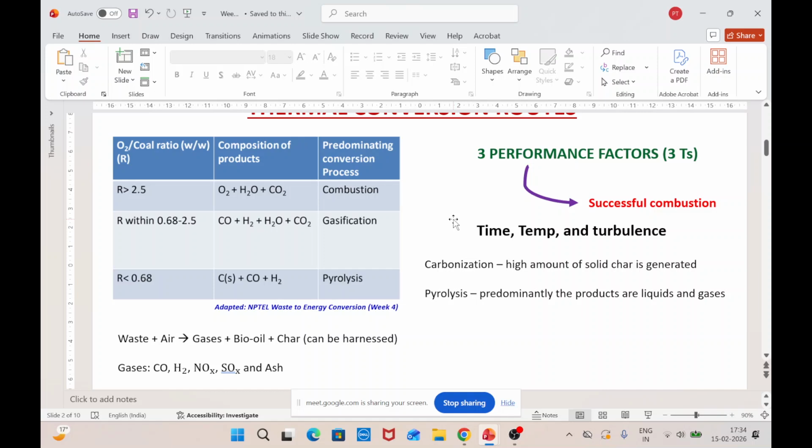So that will be present in higher proportions compared to the commercial diesel that is available.